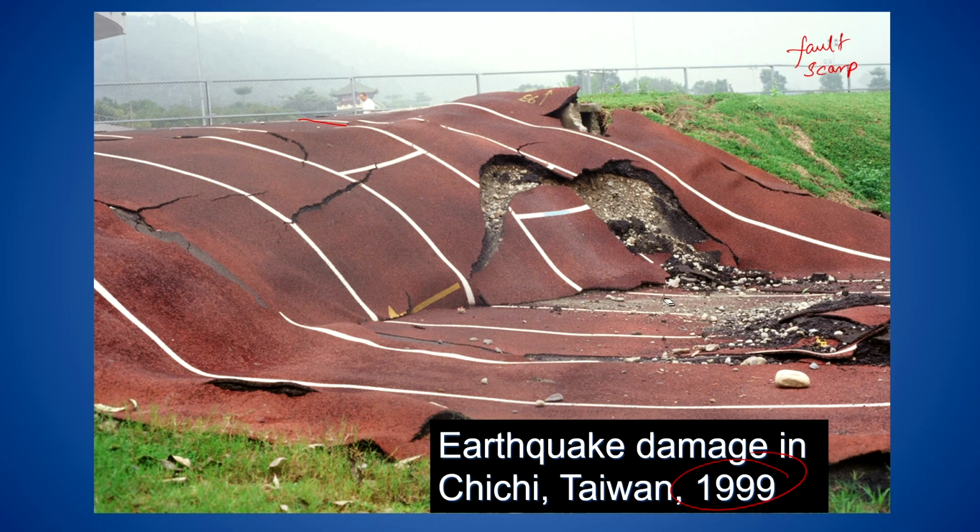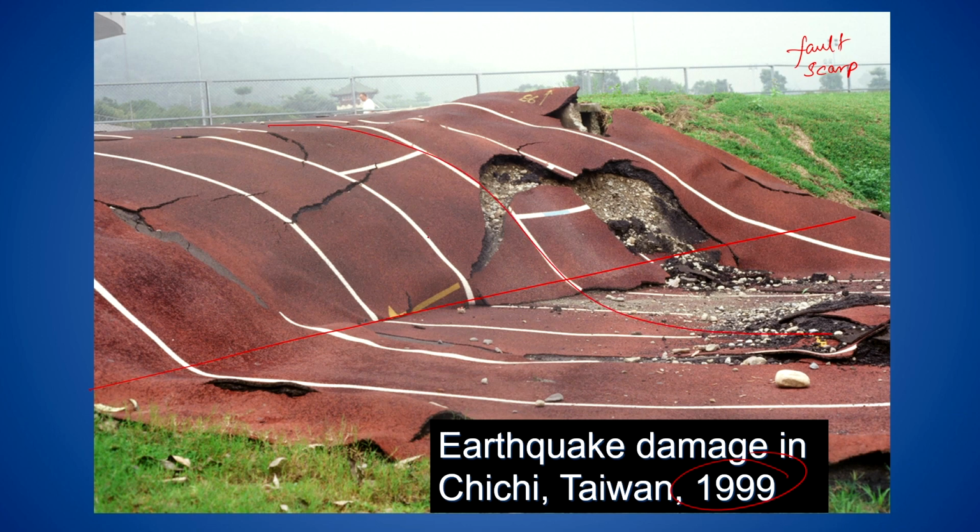So, without having proper data and understanding, this running track in this stadium was constructed across the fault. So, when there was a movement along this, this portion raised up.